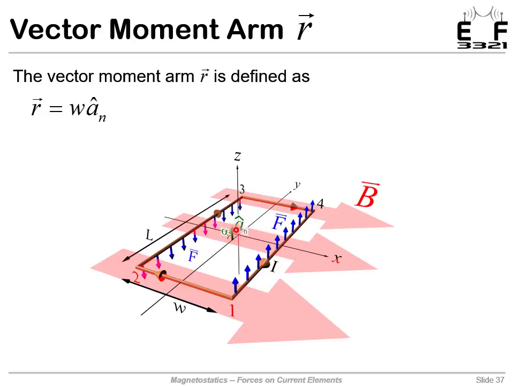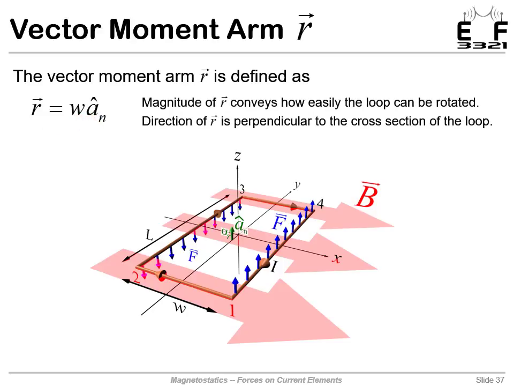So aN is always perpendicular to the loop, and if this is the center of the loop, we're at a distance W over 2 from the center out to where these forces are applied. So the moment arm is W times aN. And so this R, this vector moment arm, is really conveying how easily that loop can be rotated. If there's a long distance between the center and those forces, they can much more easily rotate that loop.